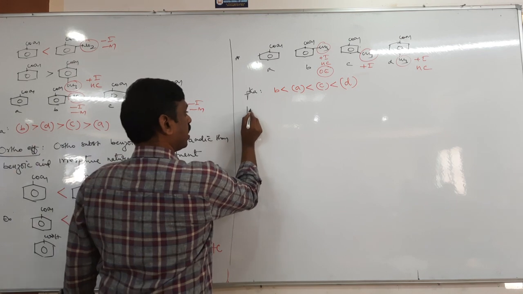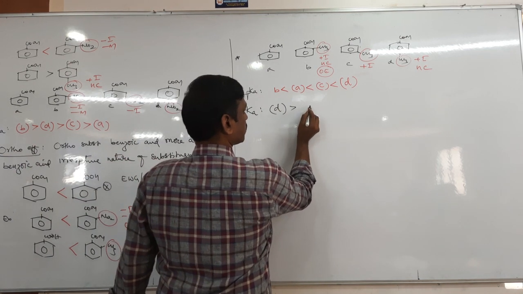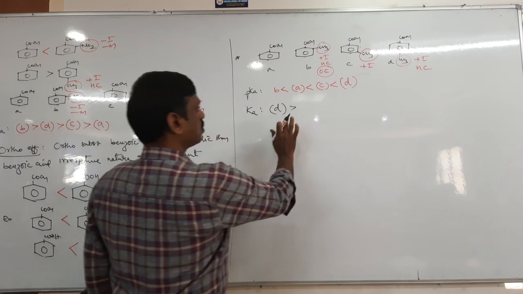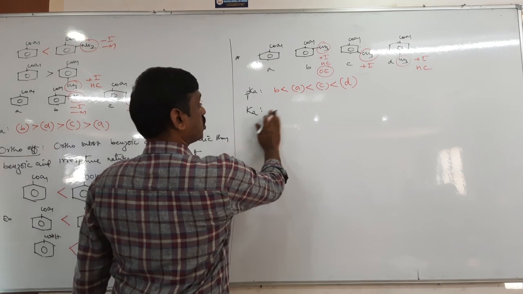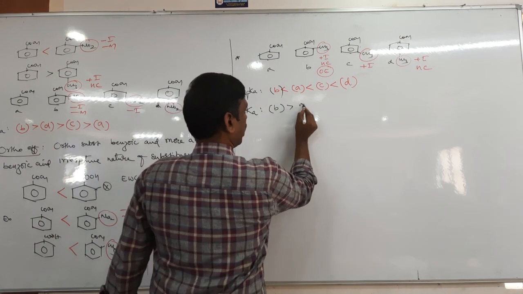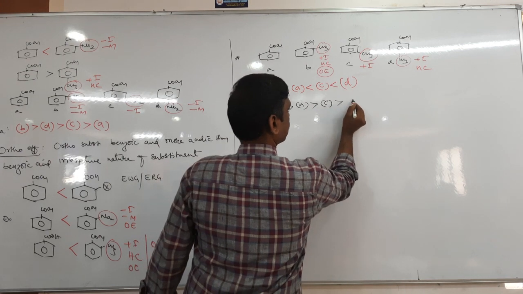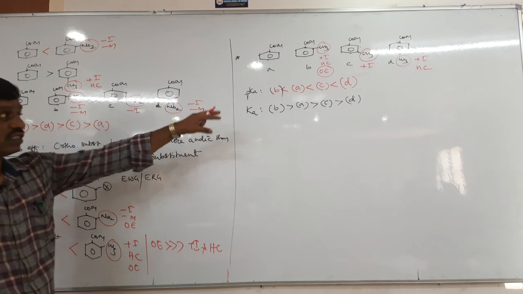Then what is the order of Ka, acidic strength? B greater than A greater than C greater than D. That is the decreasing order.